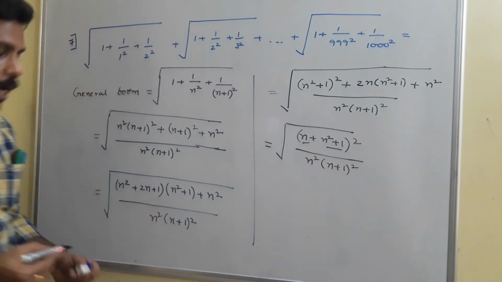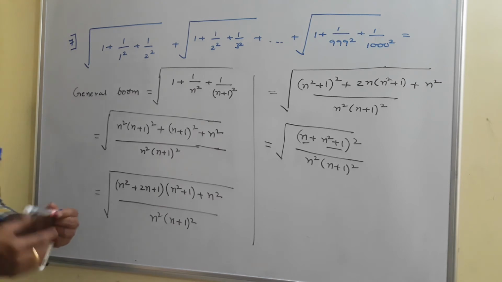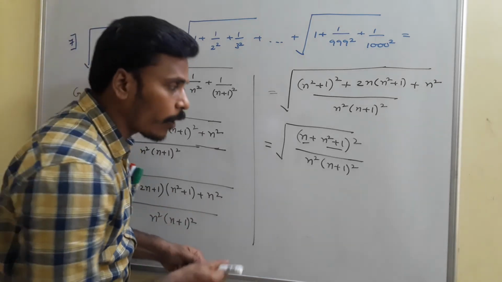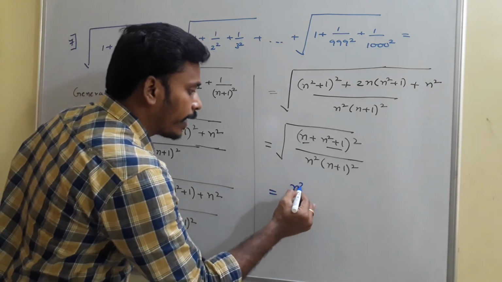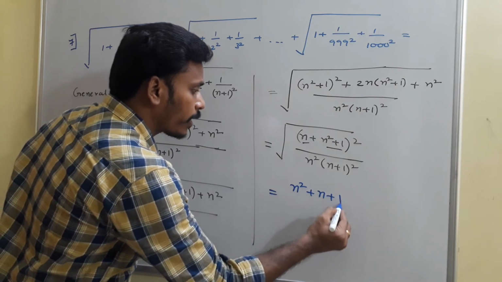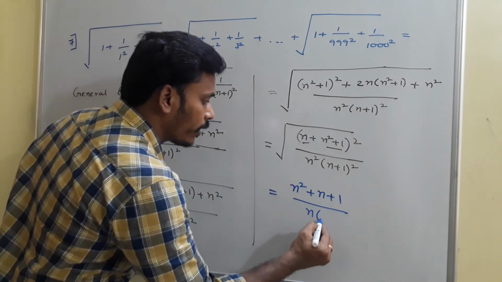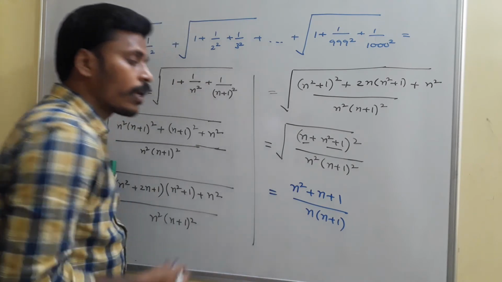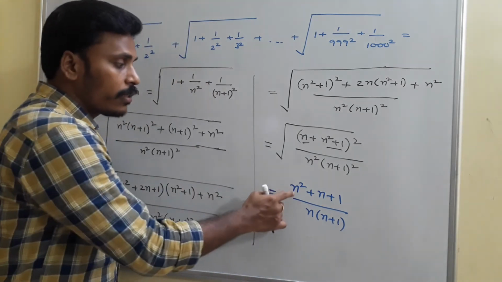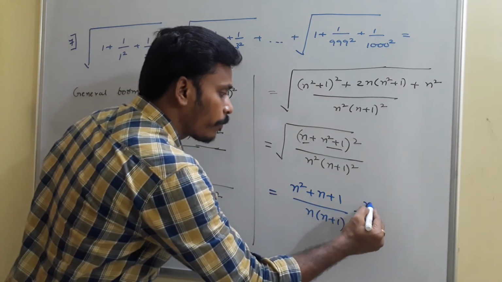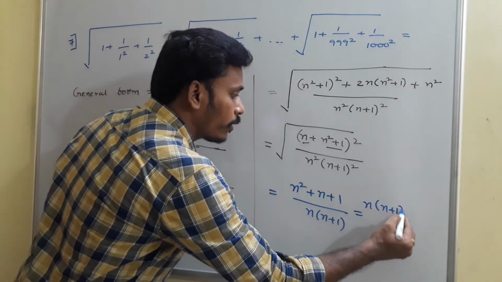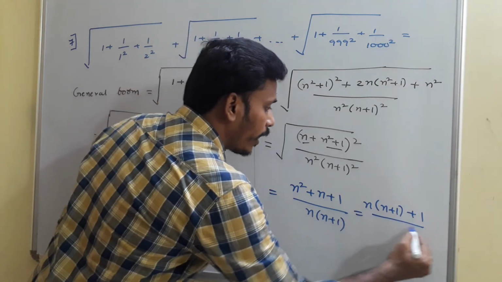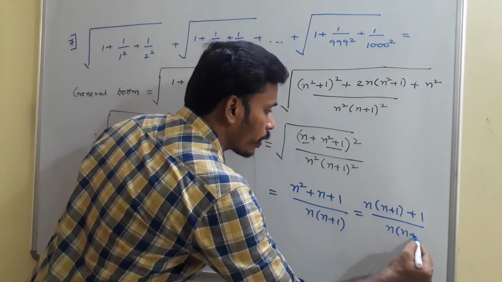Everything is under the square root. So if you remove those squares with the square root, you are left with n square plus n plus 1 divided by n into n plus 1. And further, if you simplify, this n square plus n is nothing but n into n plus 1, plus 1, divided by n into n plus 1.